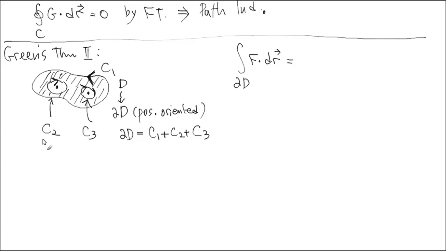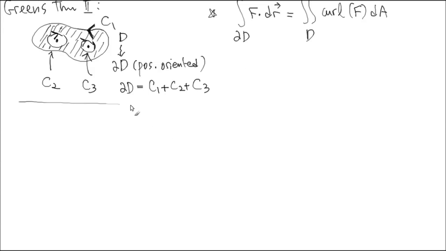But C2 is positively oriented relative to the region D. This is the statement. That's the same. The region D, which is this with the hole, so the curl of F is the same. Green's theorem still holds when the boundary gets more complicated like this. Make sense? So that's the end of Green's theorem.